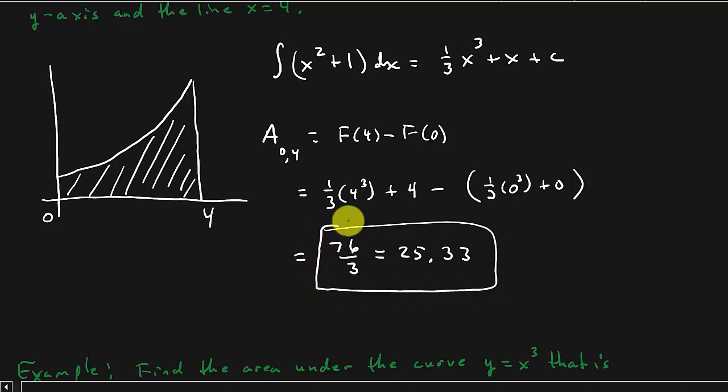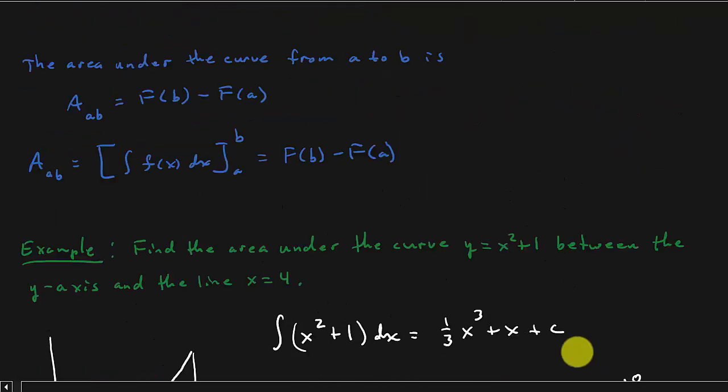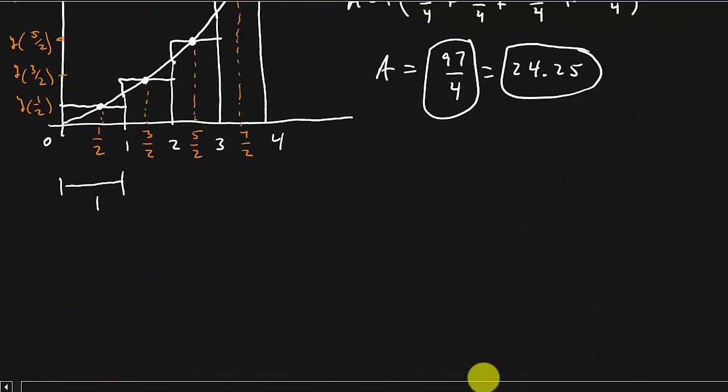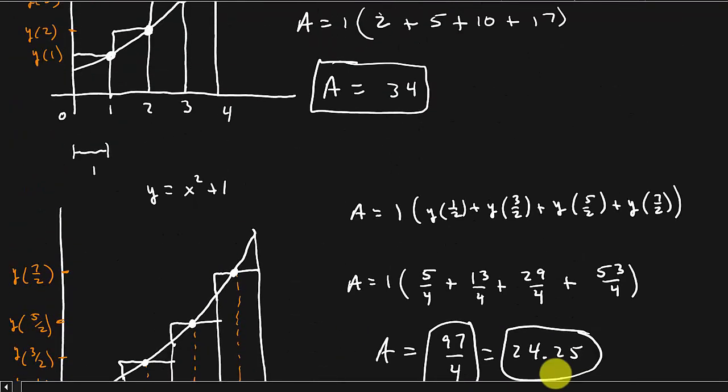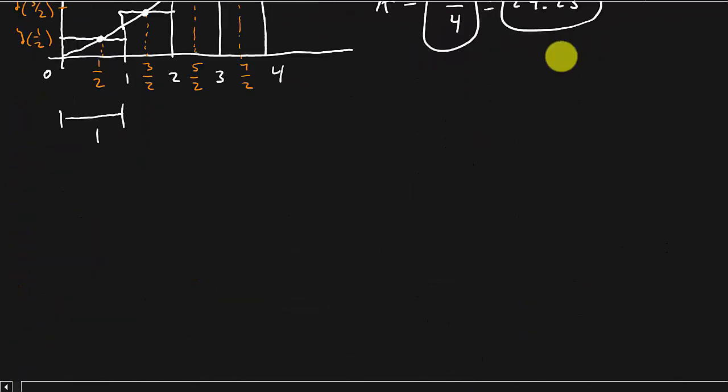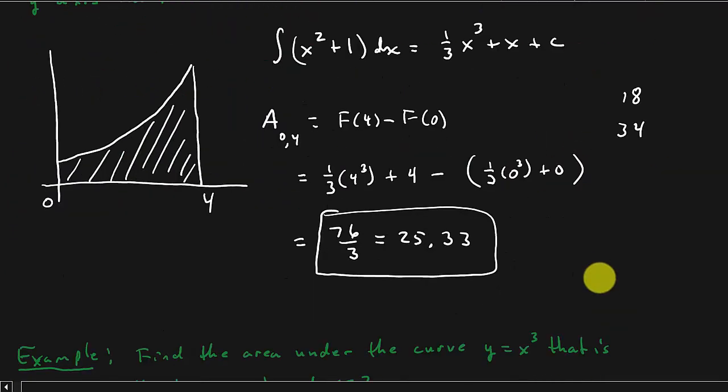So there's my answer. So you can see that the left endpoints and the right endpoints were way off. I think we got 18 for the left endpoint, 34 for the right endpoints, and then we got 24.25 for the midpoints.